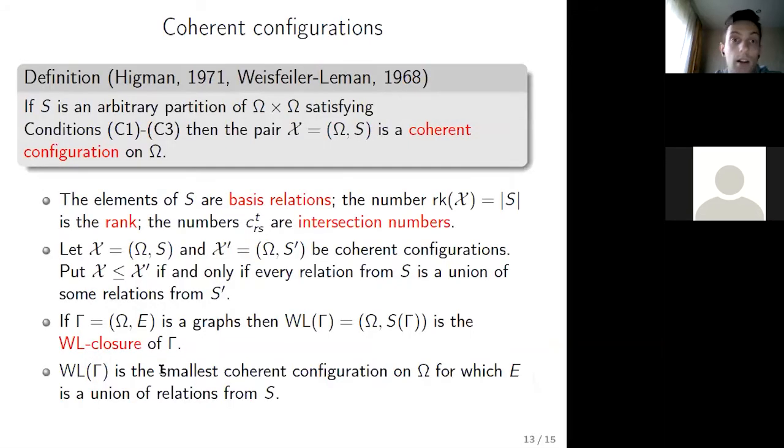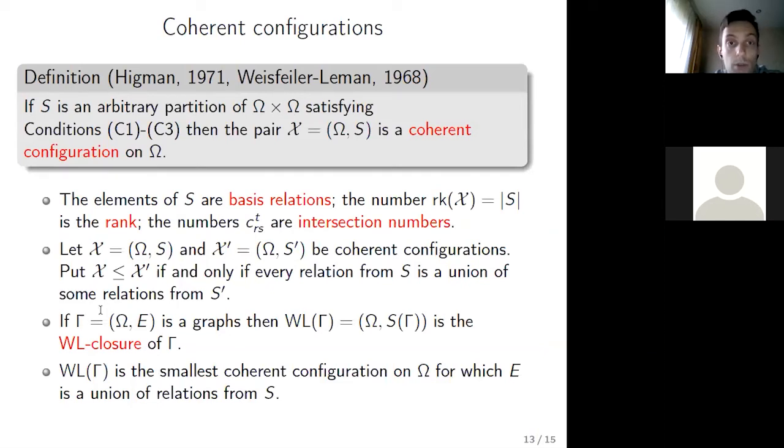So if S is an arbitrary partition of Omega squared satisfying these three conditions, then the pair X = (Omega, S) is called a coherent configuration on Omega.